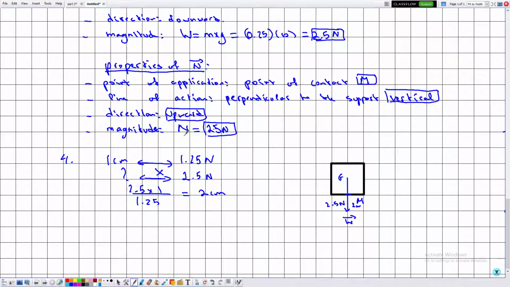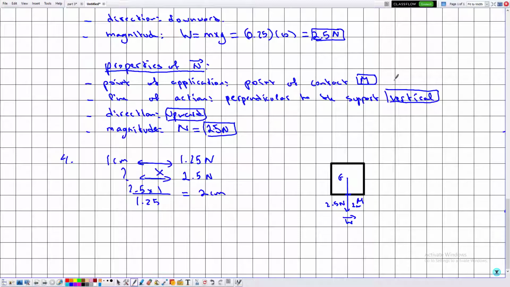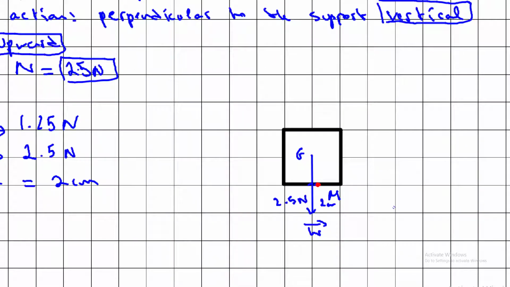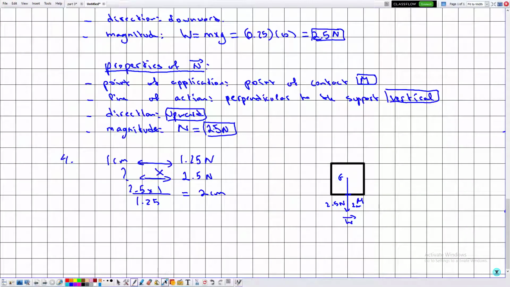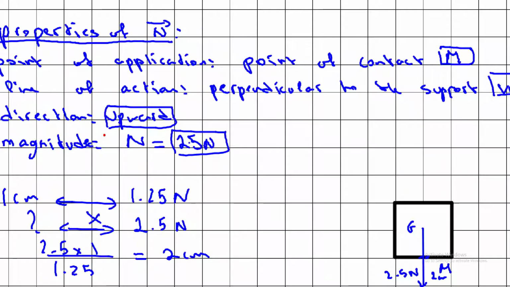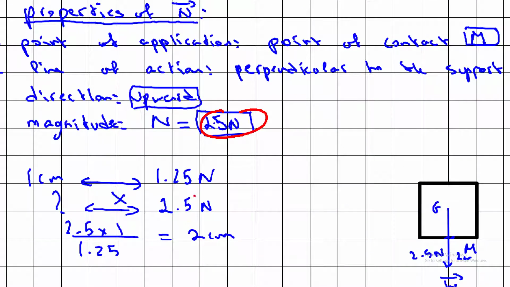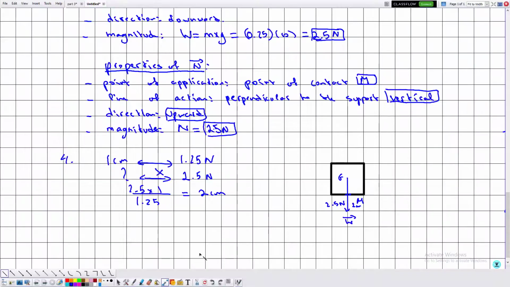Now we need to represent the normal reaction, which is N, knowing that it has a point of application M. So we will draw it from the point M here, vertically upward. What about the length? 2.5 newtons, it's the same here, so it will be of the same length. So it is exactly like this. Okay.